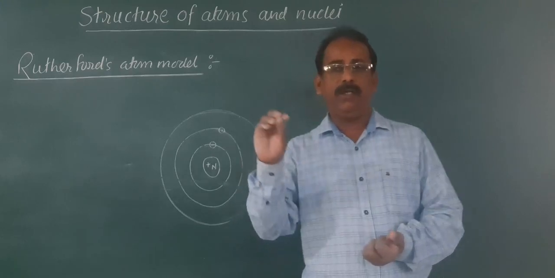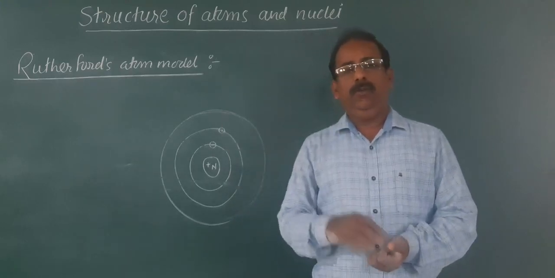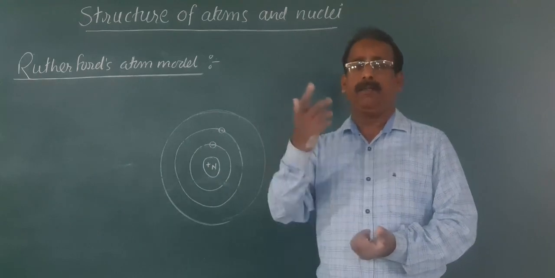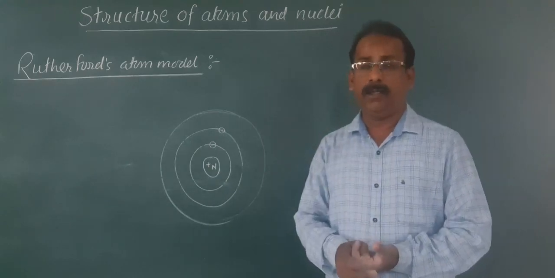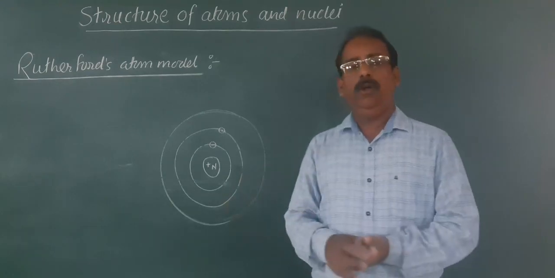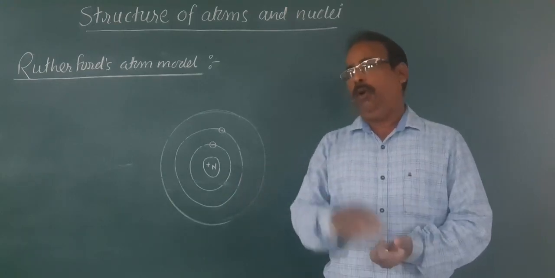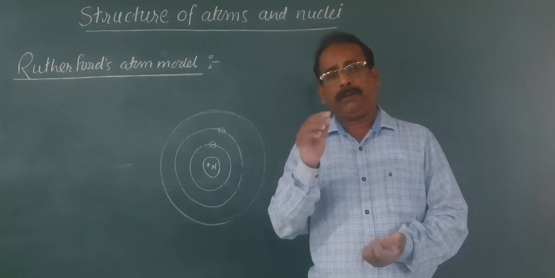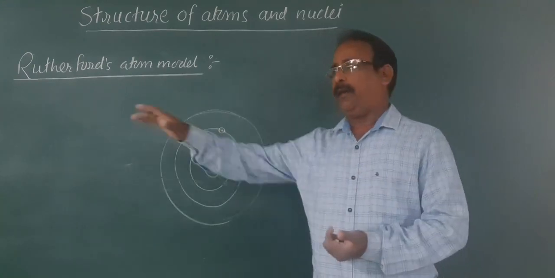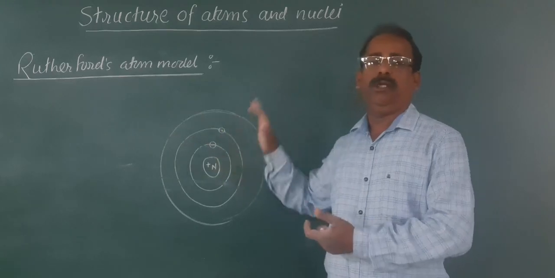Also, one observation is that very, very few alpha particles get scattered through an angle greater than 90 degrees. Rutherford explained this. According to Rutherford, only those alpha particles which directly strike the nucleus of an atom will get scattered through an angle greater than 90 degrees.